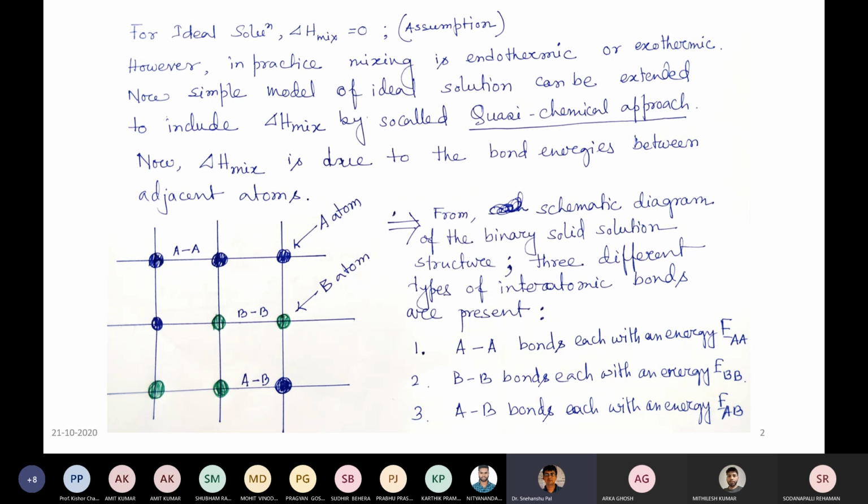In this way we understand the expression for an ideal solution.